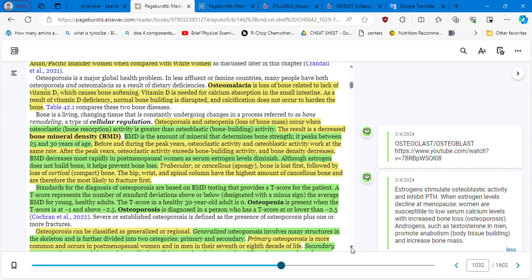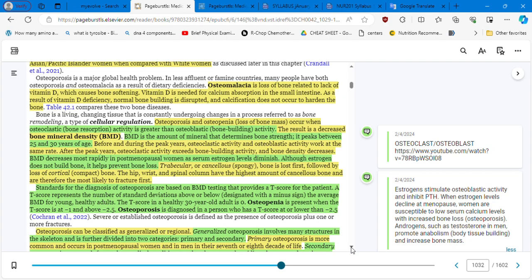For those of you who didn't watch the first video, I told you to remember this: parathyroid is going to tell the bone to put that calcium out from the bone into the serum calcium. So we are talking about two different areas, the bone and the serum calcium. Estrogen is going to inhibit the parathyroid, inhibiting the release of calcium from the bone to the serum, in order to have healthy and good bones.